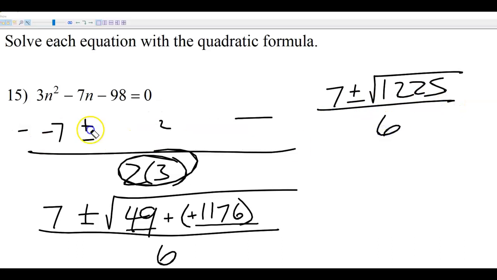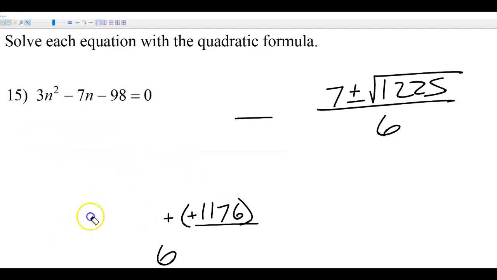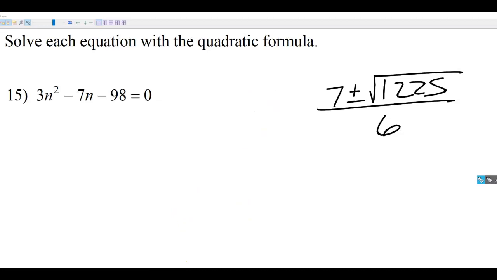All right. Well, that's a really big number. But let's see if we can break it down a little bit. Now, I know that 25 will go in there. You might have recognized that 5 goes in there.